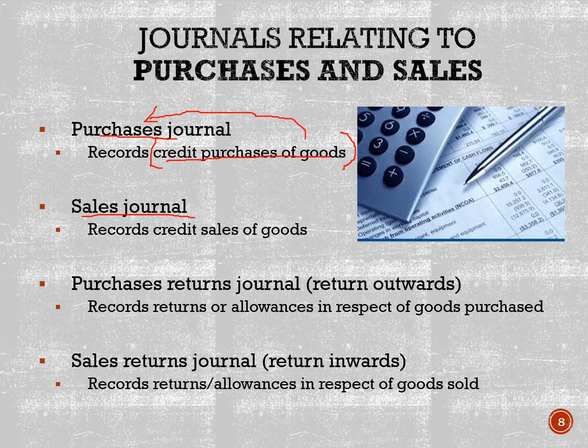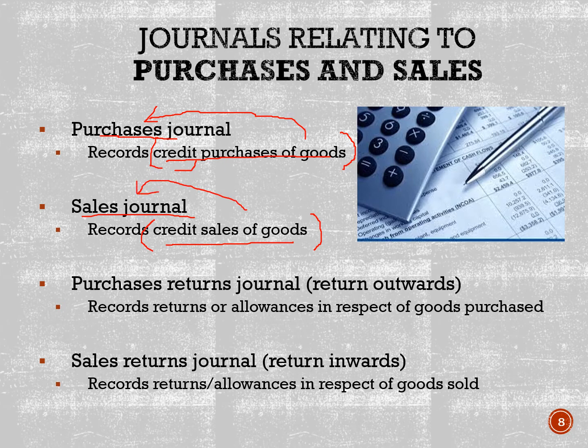So you dah tahu dah sebab everything dah state here. So this one is one of the tips macam mana you nak classify ataupun nak tackle the questions. Sales journal record credit sales of goods. So this one ada credit sale of goods. Apa-apa berkaitan dengan goods, so you have to put in the sales journal.